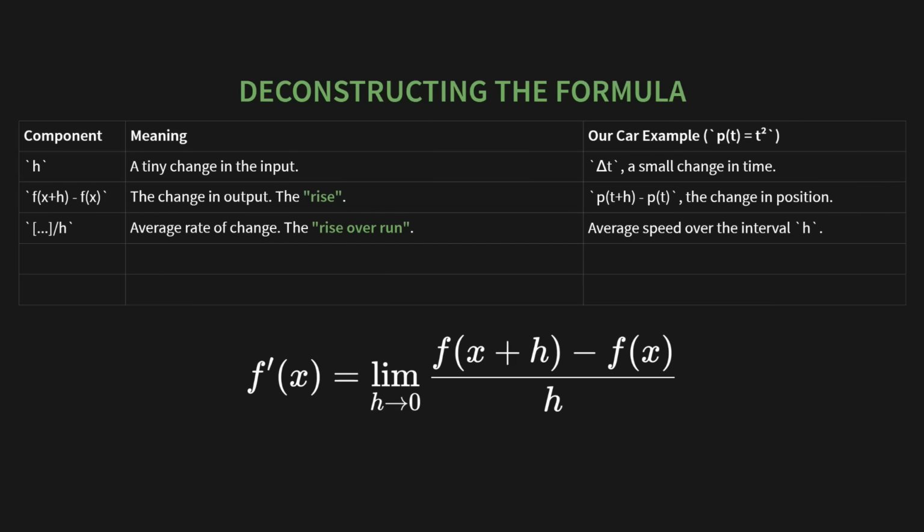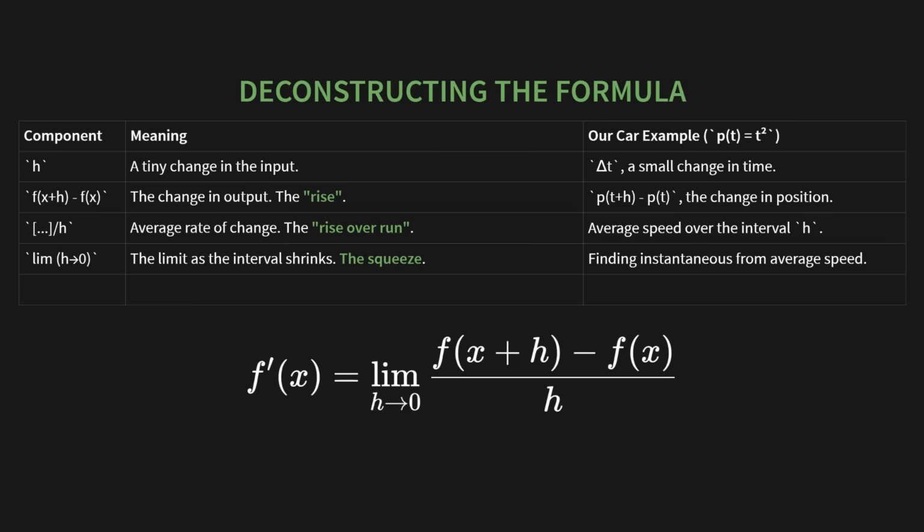Okay, now let's look at the whole fraction. The rise divided by h, the run. It's the average rate of change, rise over run. For our car, this was the average speed over that tiny interval, h. And the most important part, lim. The limit as h approaches 0. What's that? It's the squeeze.